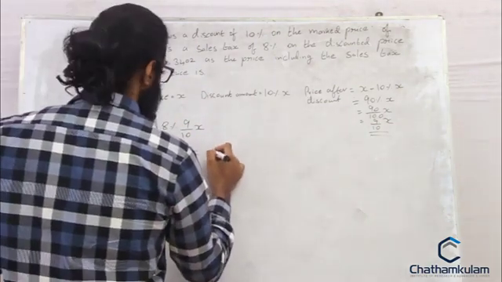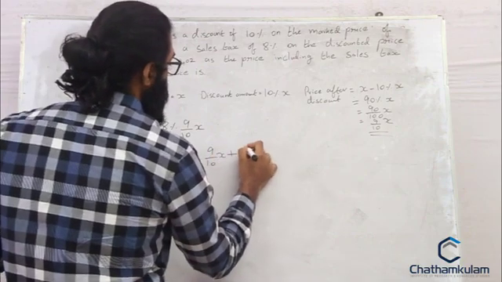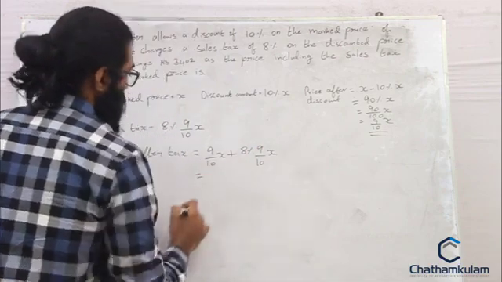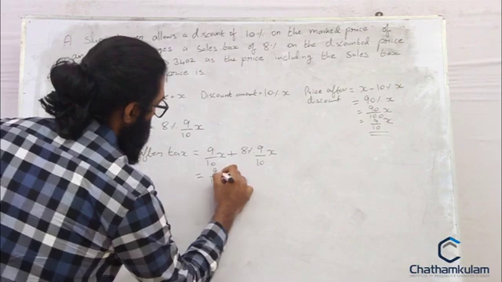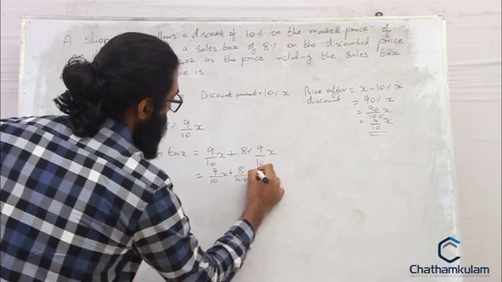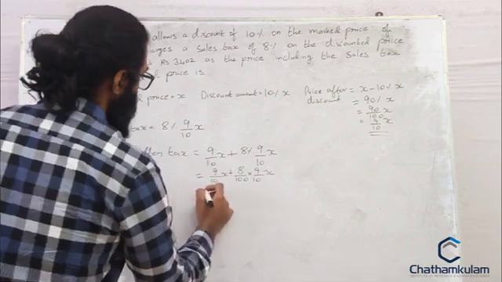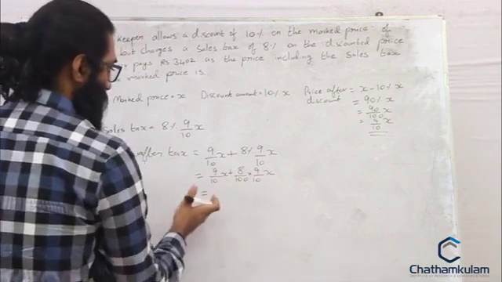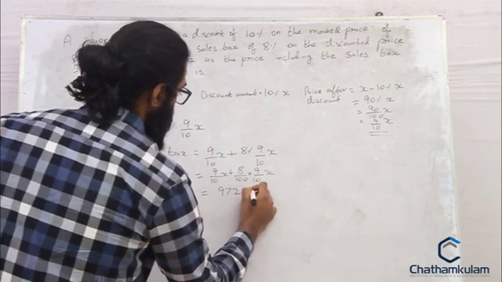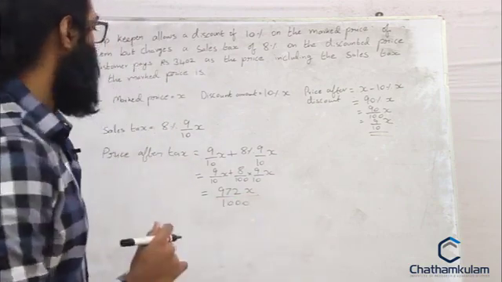So we get that as 9/10 X plus 8% of 9/10 X. So we calculate 9/10 X plus 8% means 8/100 into 9/10 X. On solving this, by taking LCM and solving, we get the value as 972X/1000. So this is the price after tax.